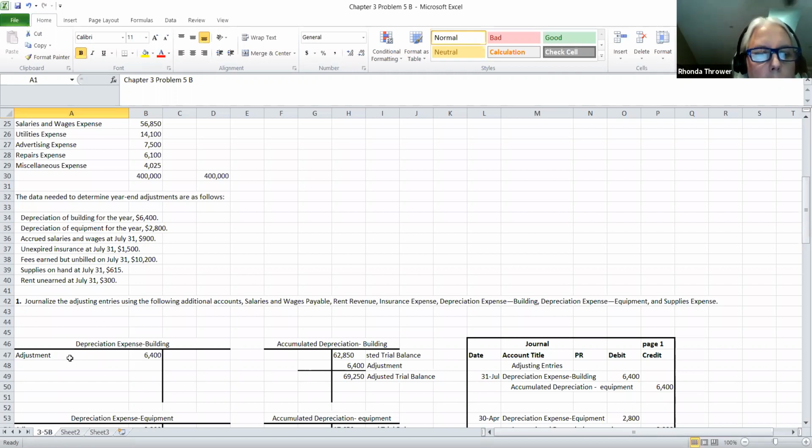So my adjustment is for the amount of $6,400 that will be debited, put on the left side of the depreciation expense account.